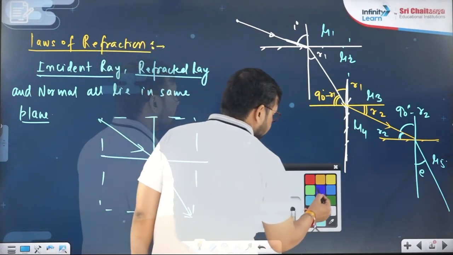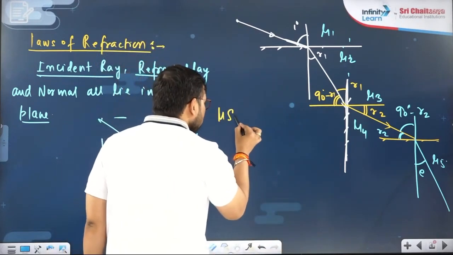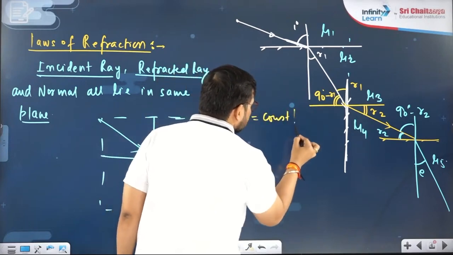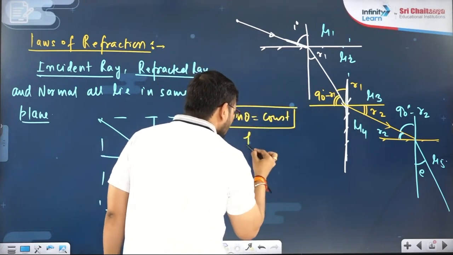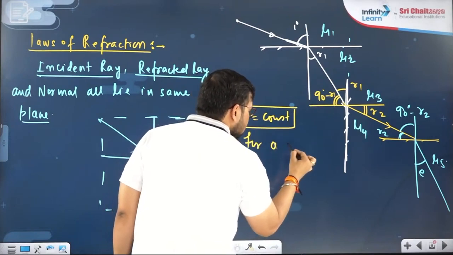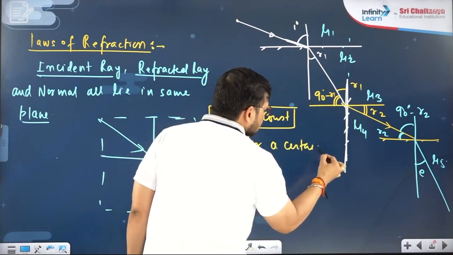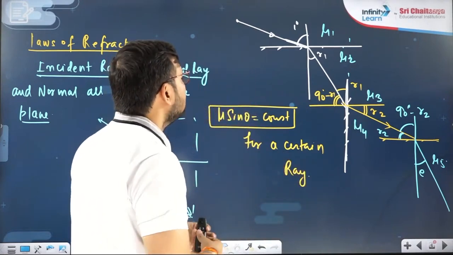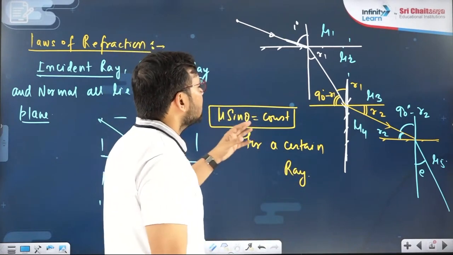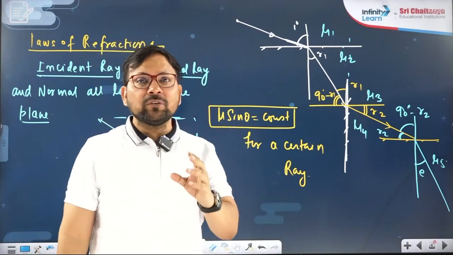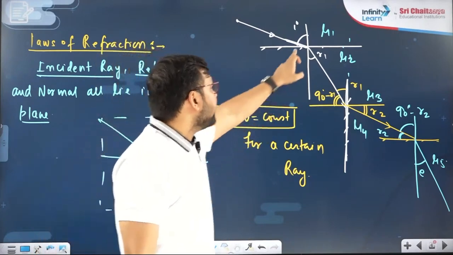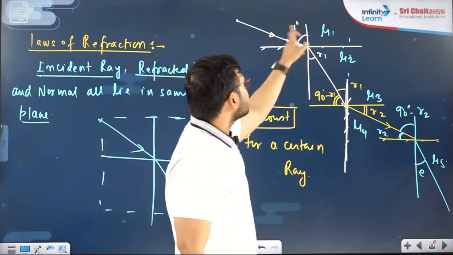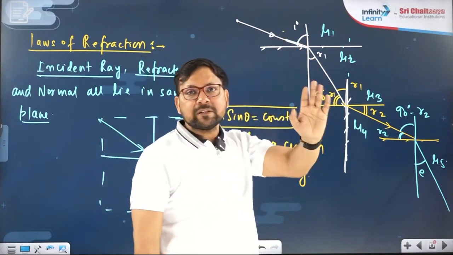See Snell's law. Snell's law says that mu into sin theta is constant for one ray. For a certain ray, mu into sin theta will always have a constant value, right? I'm not saying one point. Many of us in lower classes know Snell's law as mu1 sin I equal to mu2 sin r1, and think Snell's law is over.